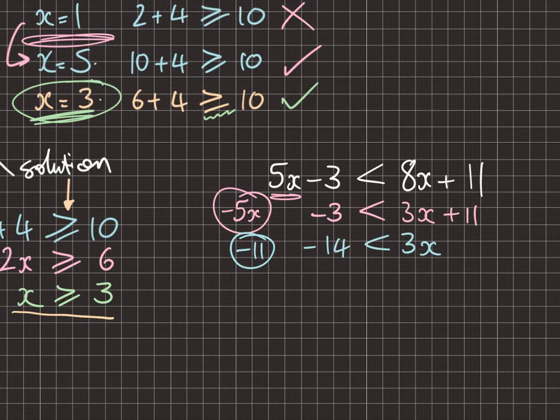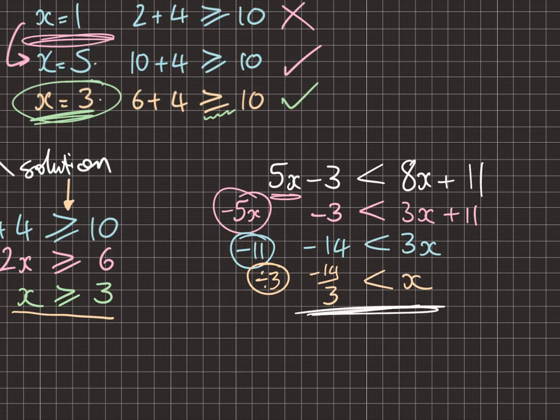Final step, because we've got 3x on the right hand side, we need to divide both sides by 3, and so we end up with minus 14 over 3, so minus 4 and 2/3, is going to be less than x.